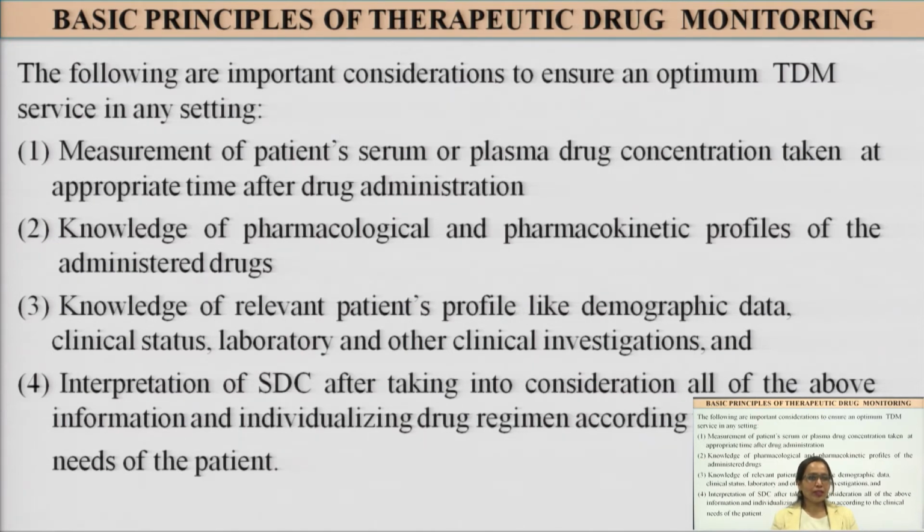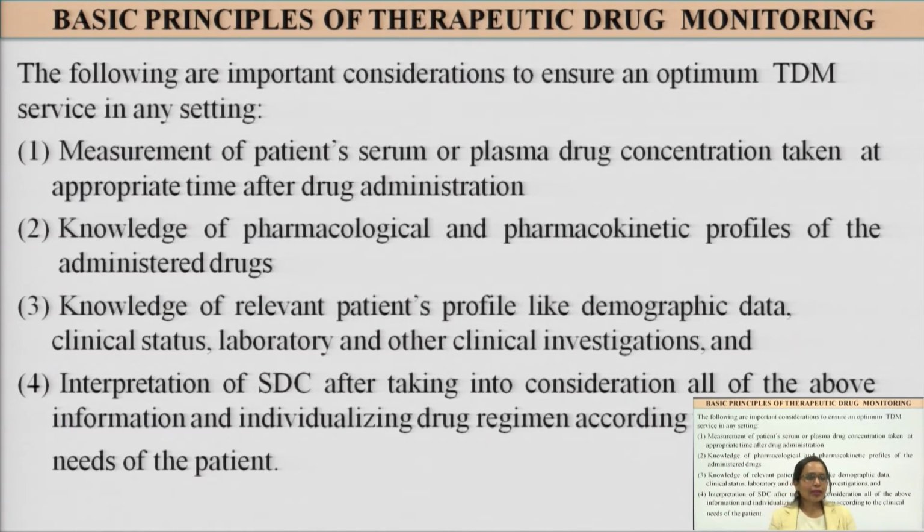Next is knowledge of the pharmacological and pharmacokinetic profiles of the administered drug. What is the pharmacological effect, what is the mechanism, and what is the pharmacokinetic profile? All these are important aspects, and knowledge of them is essential.